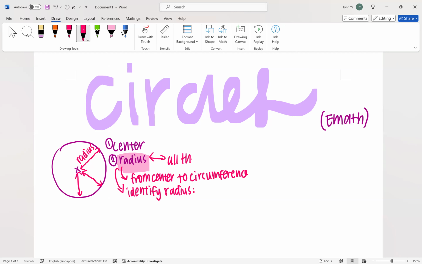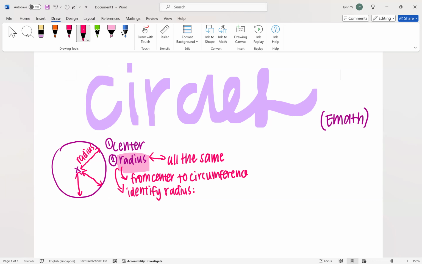So how to show something that is all the same? Because you know that radius are all the same. How do you show that something is all the same? What did I tell you guys before? Let's say you have to show something is all the same.